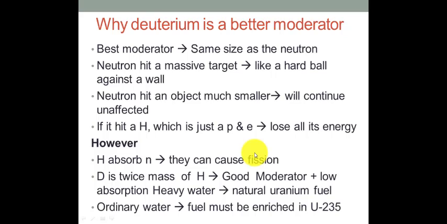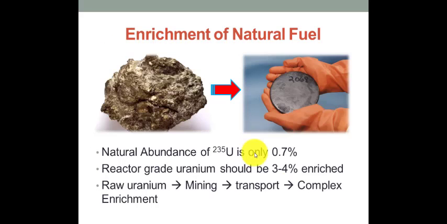By using deuterium, as the heavy water moderator in the CANDU reactor, natural uranium can be used as the fuel. In other cases, enriched uranium is required. In ordinary reactors, like the light water reactor, we use enriched fuel, and enrichment of fuel is a complex process.